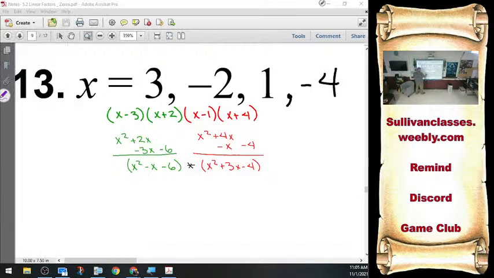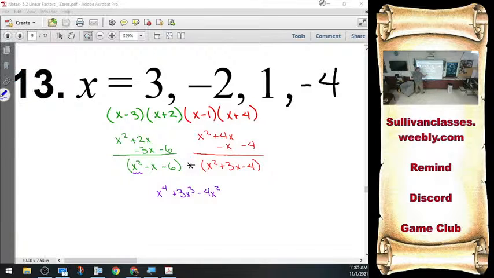So if I take x squared times all that stuff, x to the fourth, 3x to the third, minus 4x squared. I'm just distributing. X squared times x squared. X squared times 3x. X squared times negative 4.